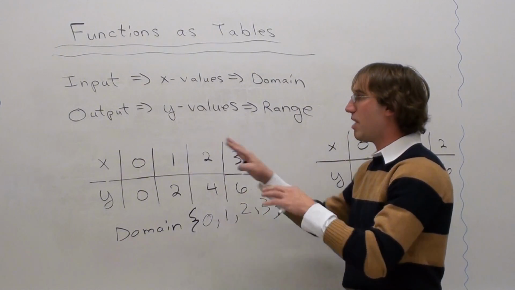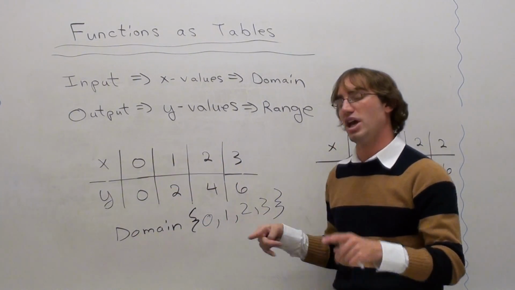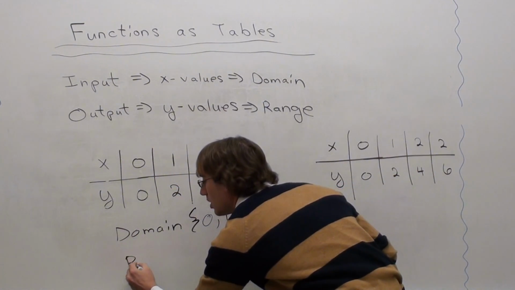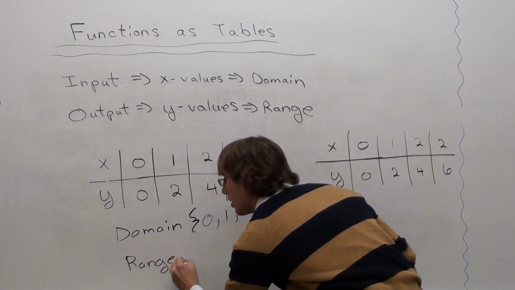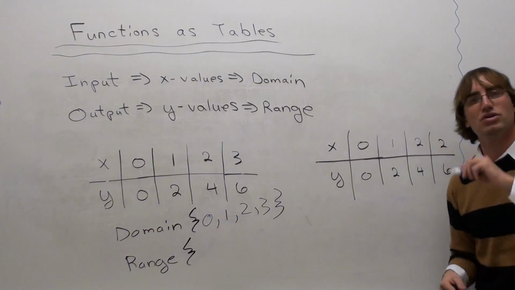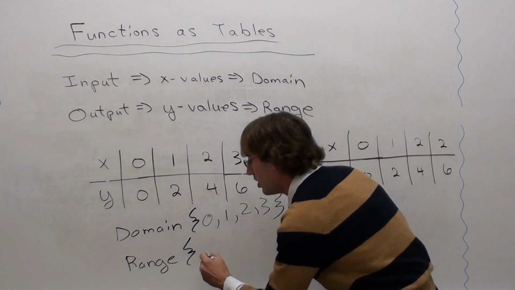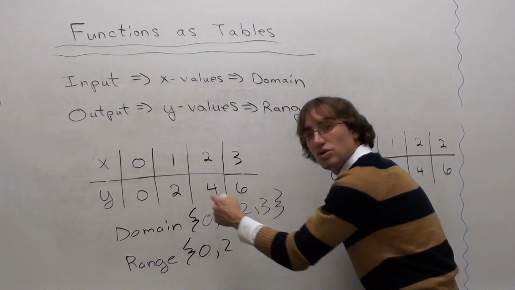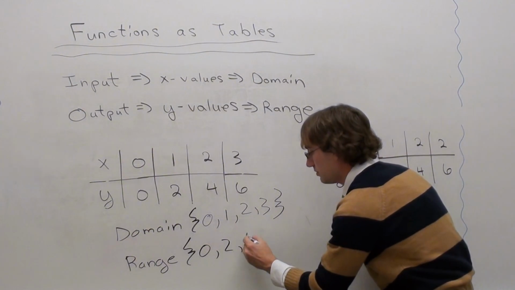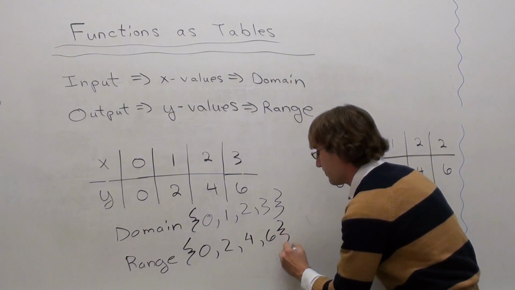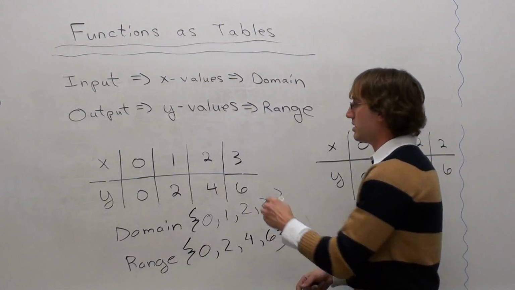But as long as you just remember that domain is x values and range is y values, you're set. So my range is 0, 2, 4, and 6. And this is a function.